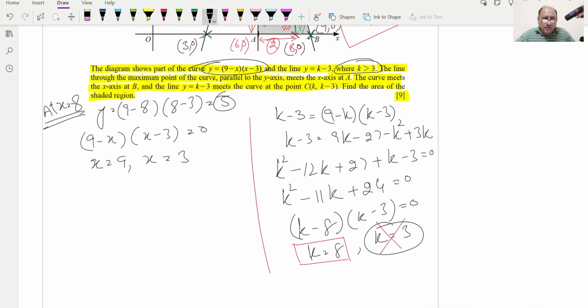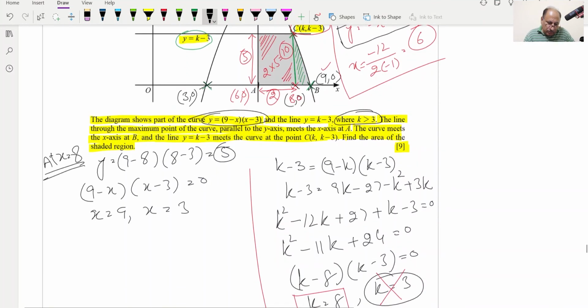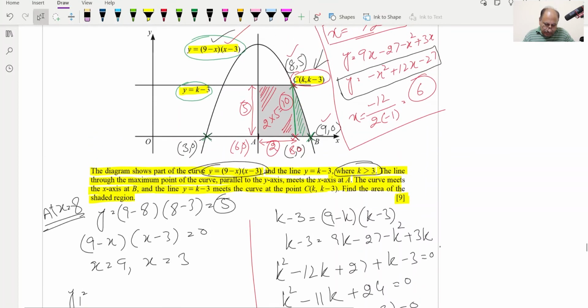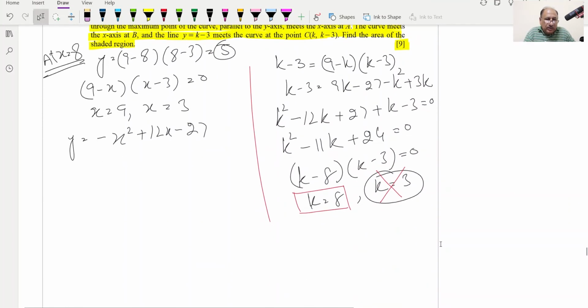Basically we found this quadratic equation, and we can use it for integration. I'm writing over here y is equal to minus x squared plus 12x minus 27.